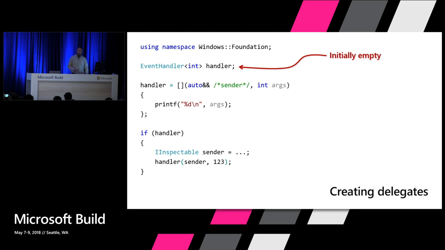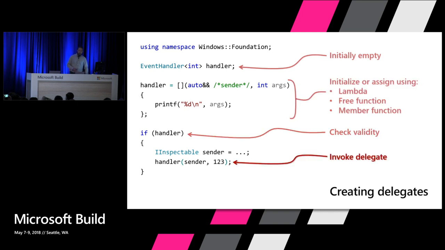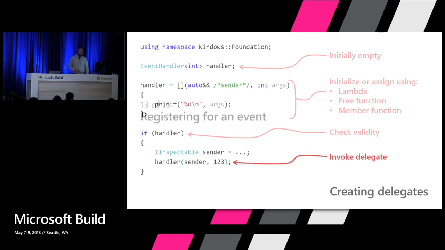So we might initially construct an empty one, and we can either initialize or assign a value to it using either a lambda, as in this example, or a free function or a member function. You can then check for validity, and you can invoke the delegate as you would expect any callable object. So very straightforward, certainly a lot more straightforward than C++ CX today, just in terms of the amount of code you need to write to get this done.